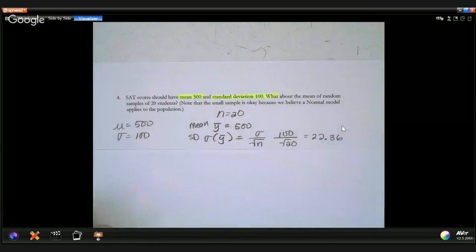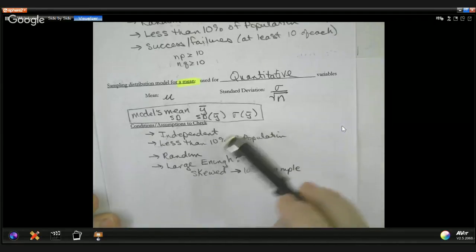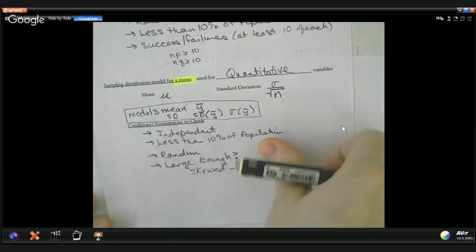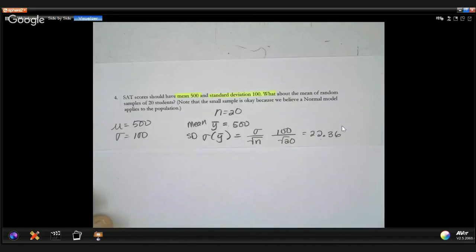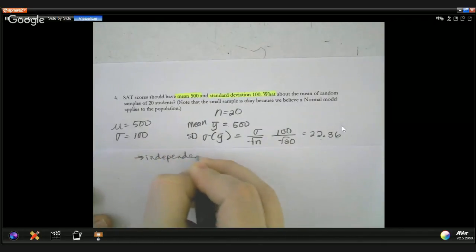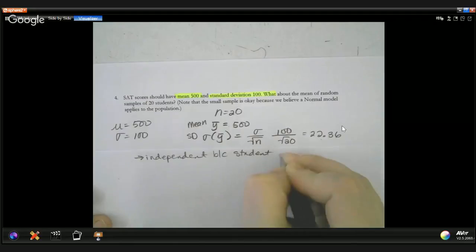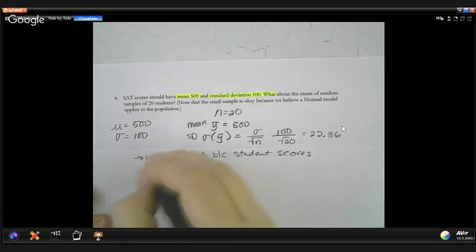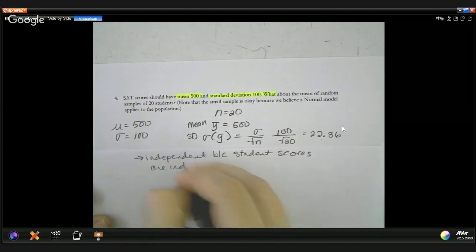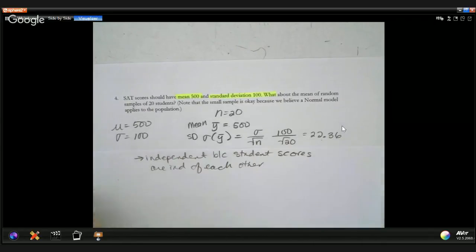The conditions that we were supposed to check is if they're independent, less than 10%, random, and large enough. Okay, so we're going to say that it's independent, and it usually is independent because people's test scores are independent of each other. The only time it might not be independent of each other is if maybe we've taken 20 scores from one particular college.